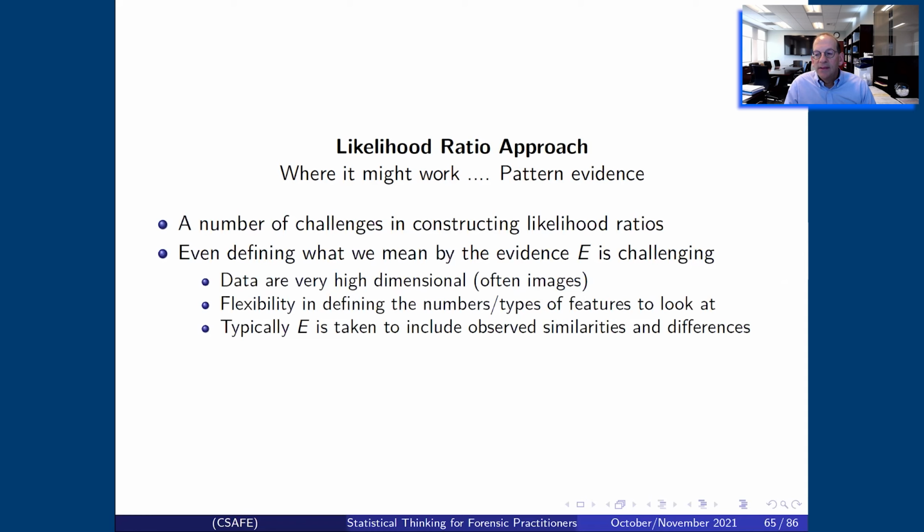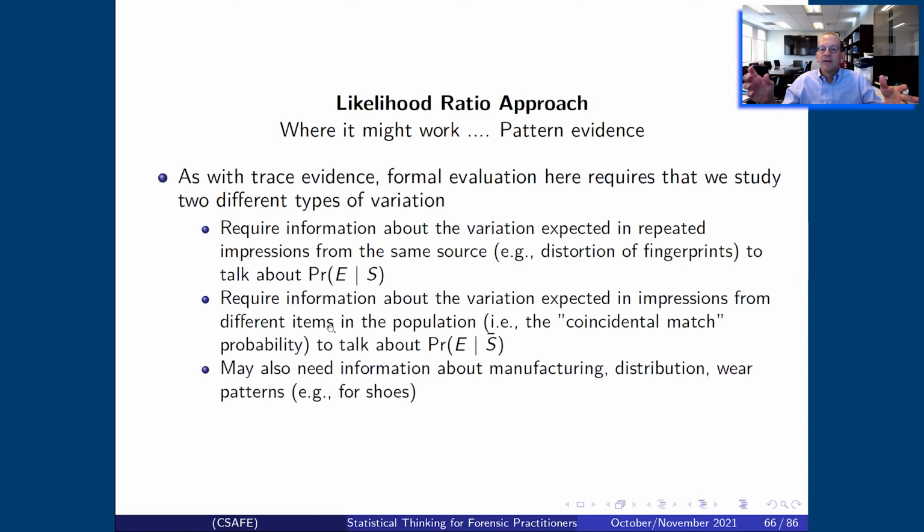And the evidence E, in this case, is tricky to define. At one level, we know what E is. It's the two images. At another level, E could be a set of similarities and differences that I've observed. I will jump a little bit back and forth between those. But the likelihood ratio framework doesn't change. We know exactly what we want to do.